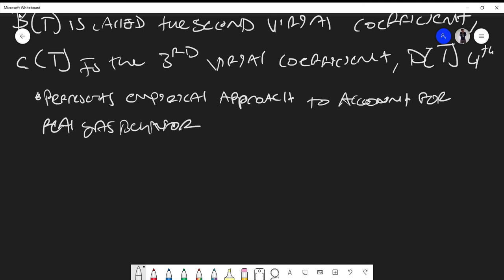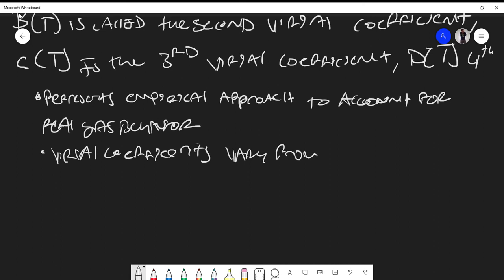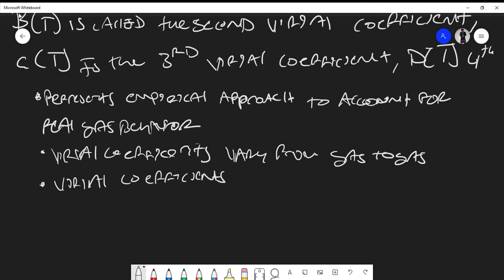We also know that virial coefficients vary from gas to gas, and that they also vary with temperature.